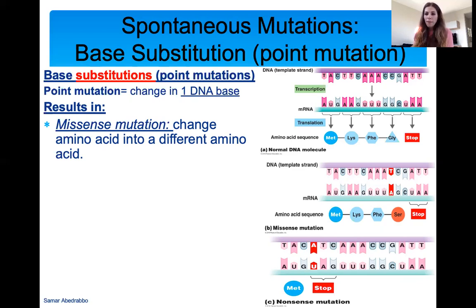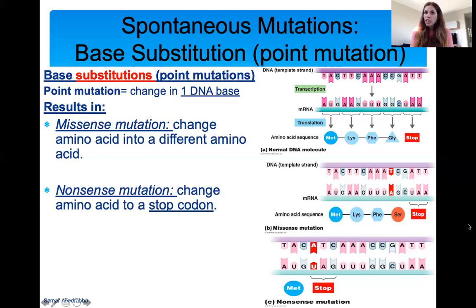So we're going to talk about the effect that has. And remember that when we look at the genetic code, every codon codes for an amino acid. So if you do a base substitution and you change one base for another, and it changes the amino acid from one amino acid to a completely different amino acid, we call that a missense mutation.